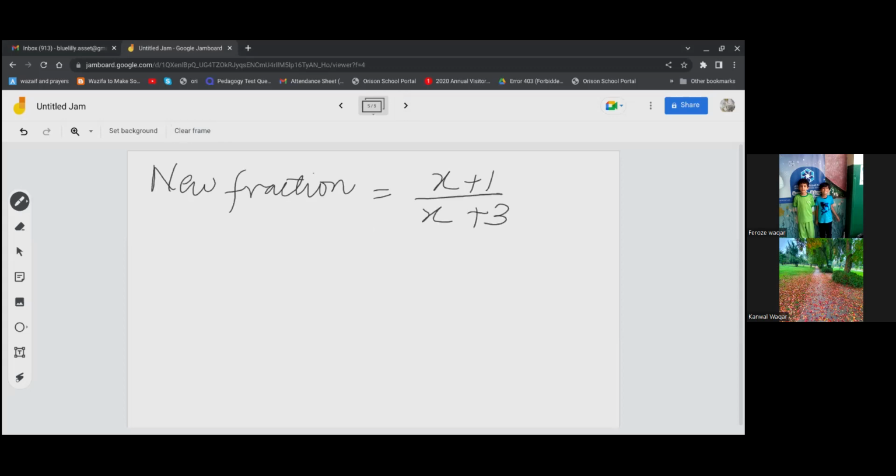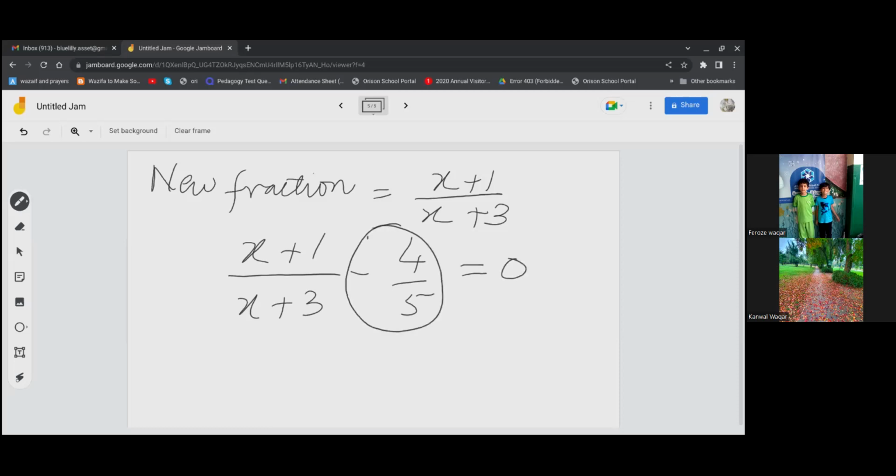Then they are saying the fraction reduces to 4 by 5. So I have to make an equation: x plus 1 over x plus 3 equals 4 by 5.